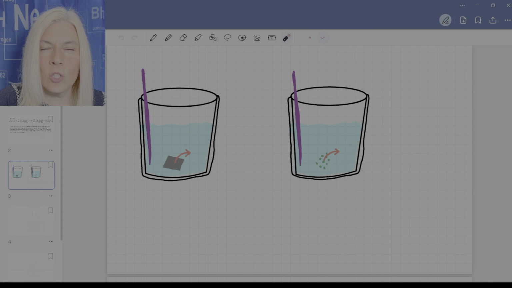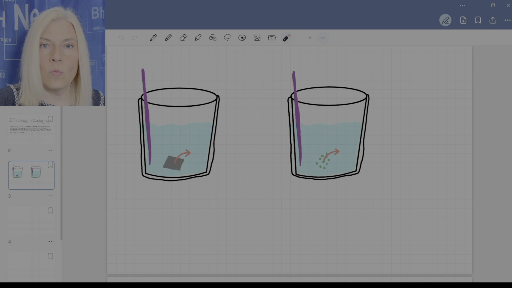So the chemical equation that we wrote is going to be our system. The reaction is the system, and the water, the solution, all the aq stuff, is my surroundings. Is this making sense? I hope so.